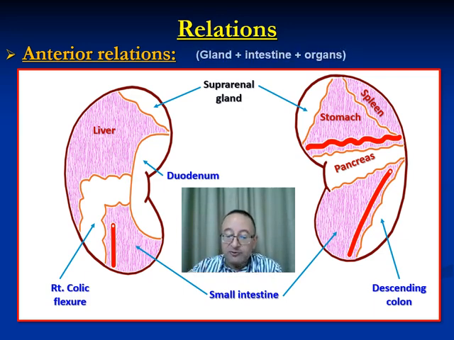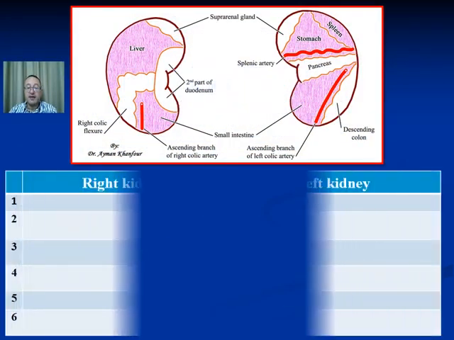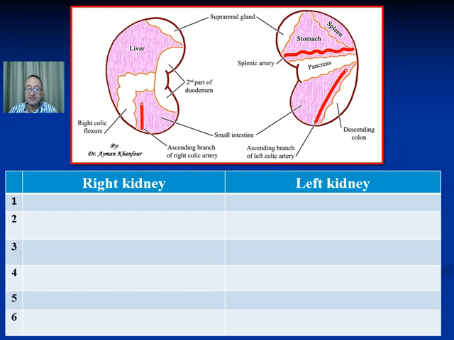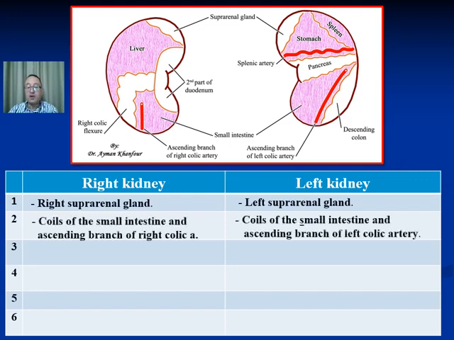We'll repeat again now. This is the anterior surface of the right and left kidneys, and you'll put them on a table, and we follow the same schedule before. Yes, upper and medial part related to suprarenal gland. Lower and medial part related to coils or loops of small intestine.